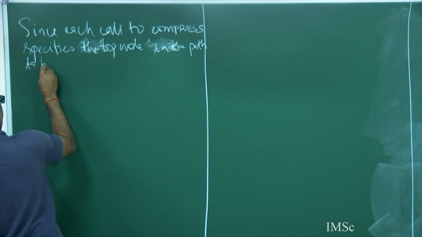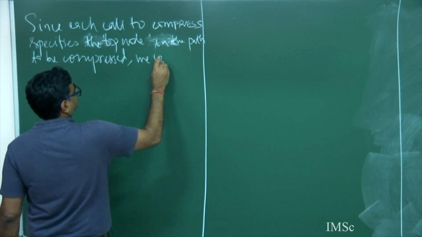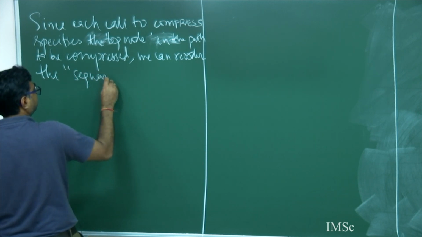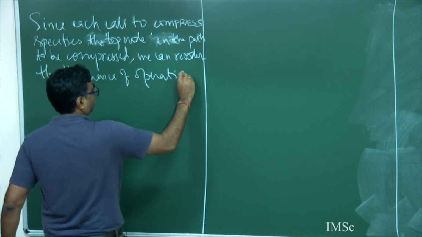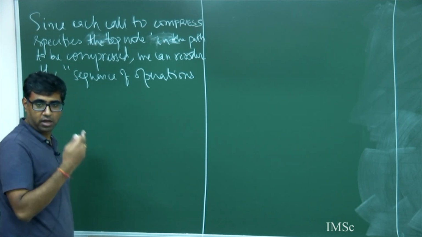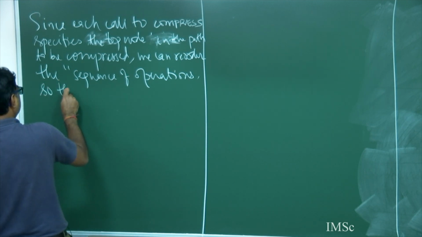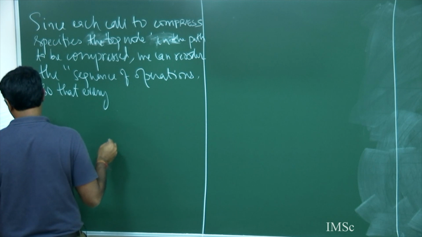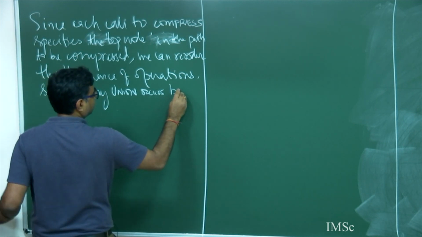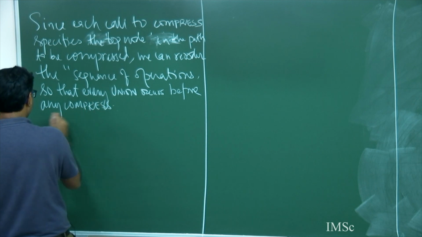I told you compress x, and so on. We can reorder the sequence of operations. I'm just trying to simplify my sequence, where if I can prove something, I still get an upper bound on my desired quantity. We can reorder the sequence of operations so that every union occurs before any compress.